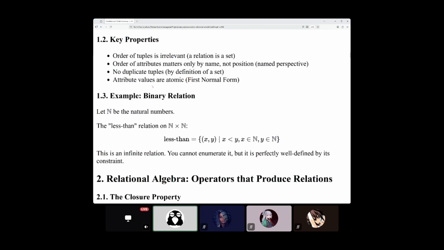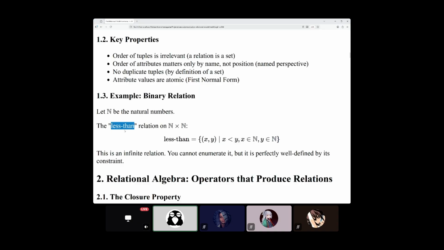So essentially a binary relation, which is what most of the time we are concerned with, is a relation that has basically two variables filling a predicate. Less than is a good example.